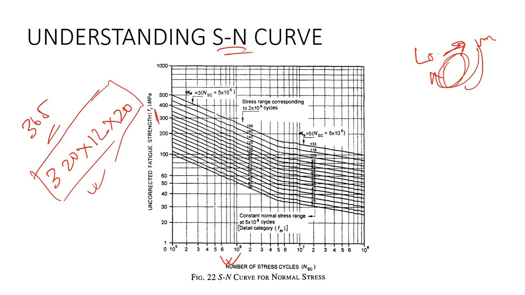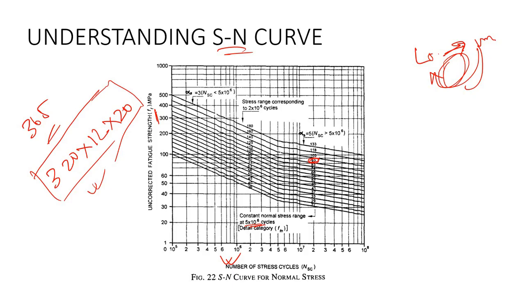So once you have this number, and now you have the detail category. In our case it was 92. You can see here this is 92. So for this category the code suggests that at 5 into 10 to the power 6, this is the reference cycle. In this reference cycle you have to find out the stress.